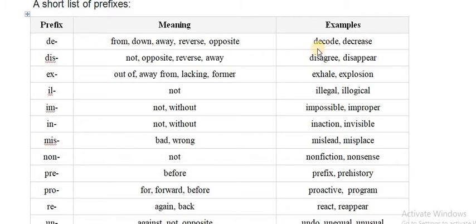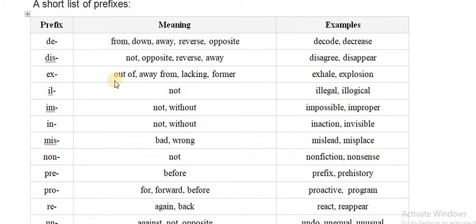Here examples are given: decode and decrease. The next one, dis, means not, opposite, reverse, away. Disagree, disappear.